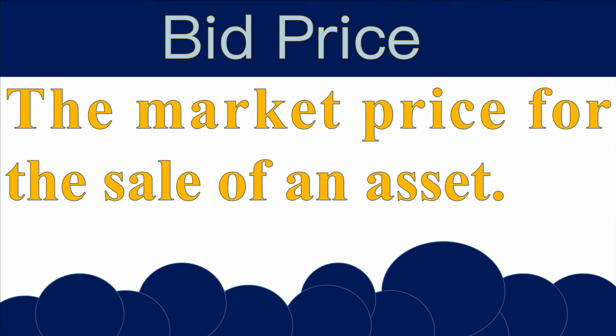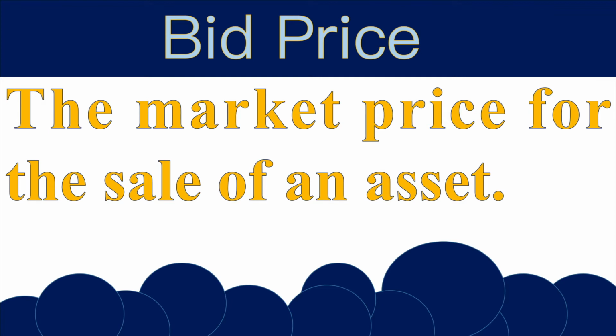So the next term here is bid price. Bid price simply means the market price for the sale of an asset. For example, let's say you want to buy a t-shirt and you go to the market. When you get to the store and you ask the seller, how much are you selling your shirt? And the person says, for example, 5,000 naira.